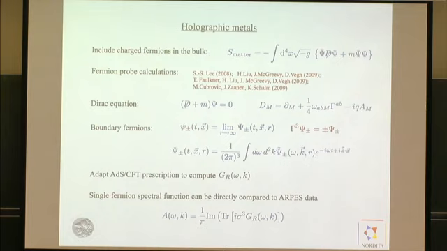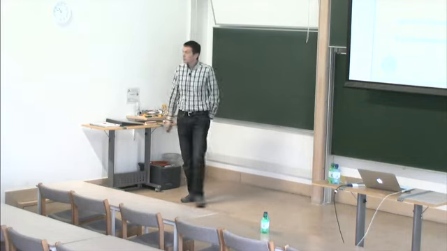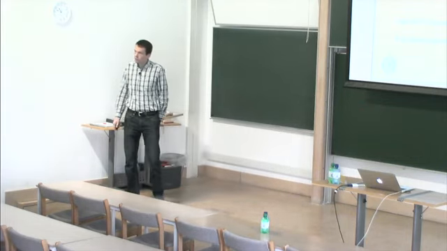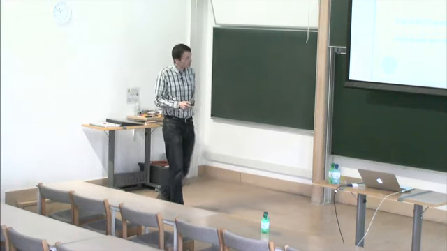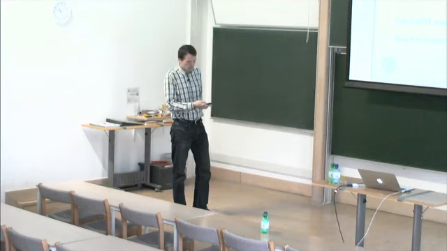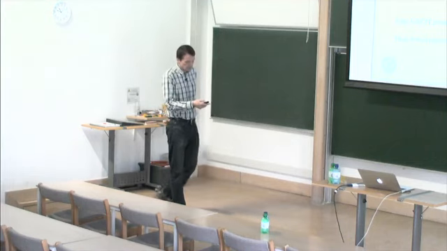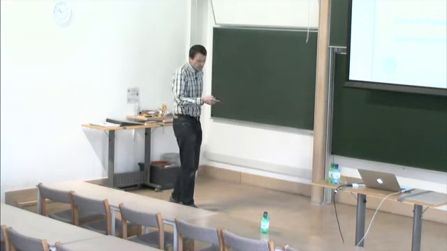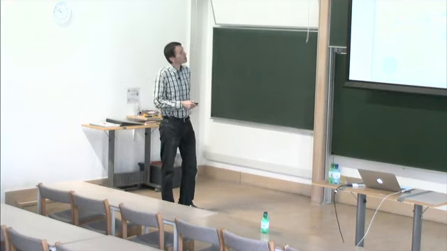In particular, if you compute the 2-point function, you can read off from that the fermion spectral function, which can in fact be more or less directly compared to some scattering data that you can obtain in experiments. And you found some rather intriguing behavior.